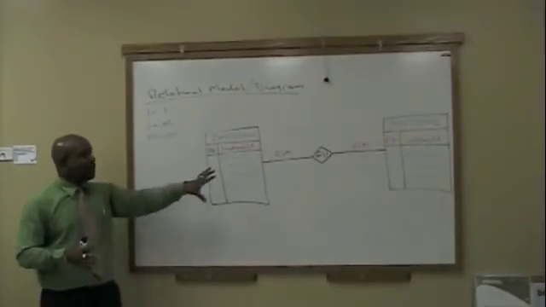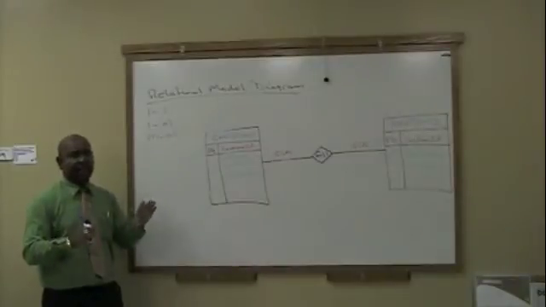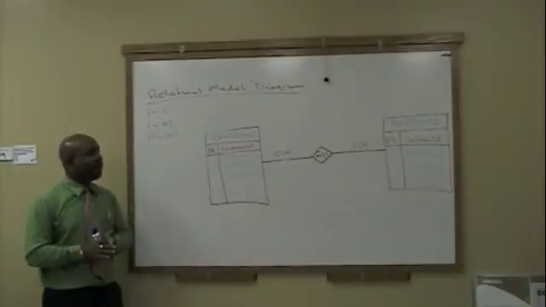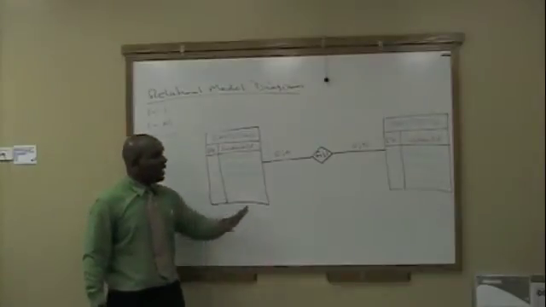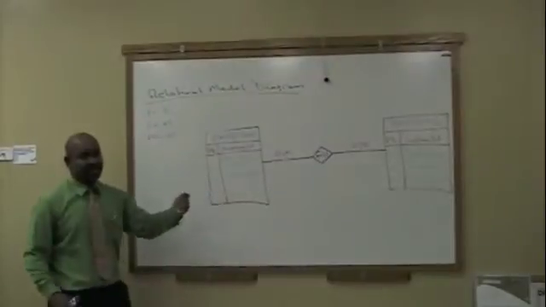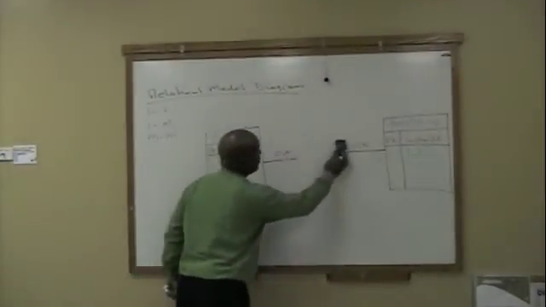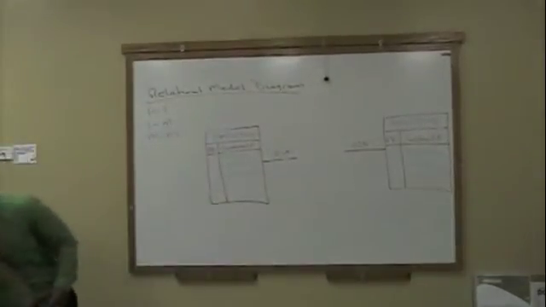Now, this type of relationship, I said, is very easy to translate into a crow's foot diagram. What you do is you replace the diamond with a new entity. That's the first thing you do. So we take out the diamond and we create a new entity.